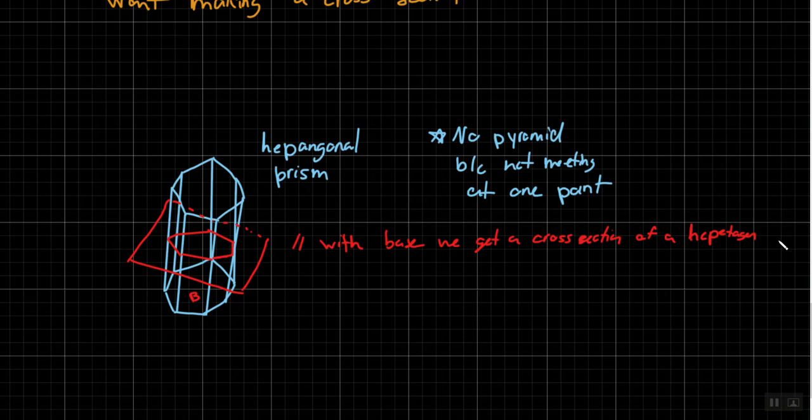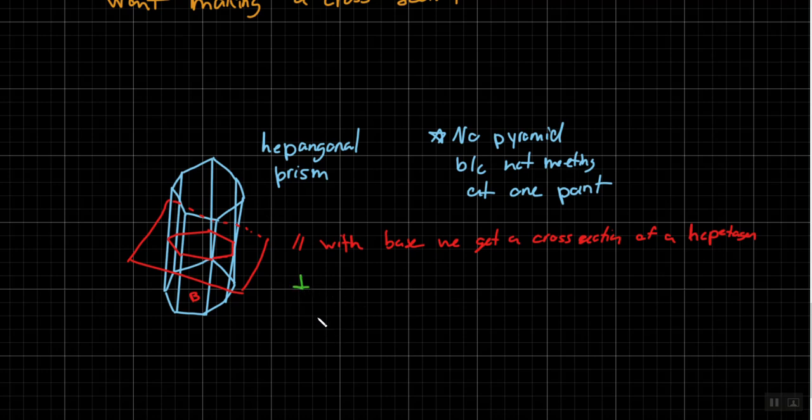Now, Ashley, I don't always want to do it parallel to the base. What other way might I cut it? How might I also cut it? If I don't want to go parallel to the base, I can also do what to the base? Yeah, perpendicular to the base, right? Let's choose a different color. Let's do green.